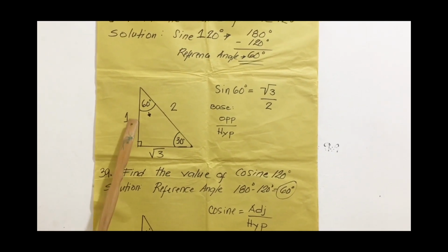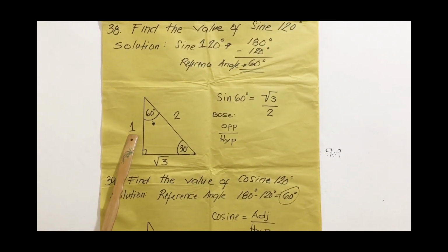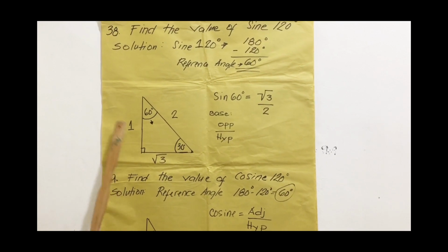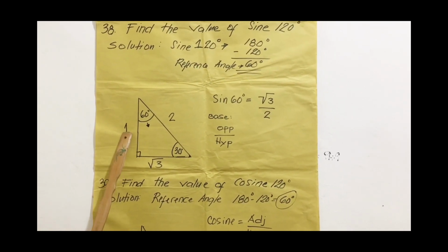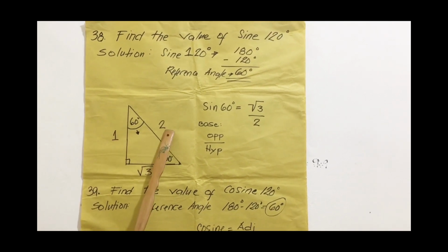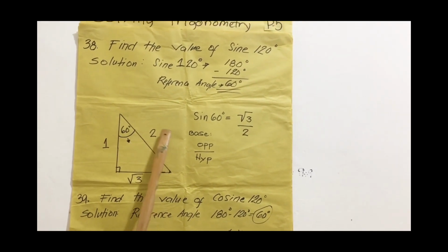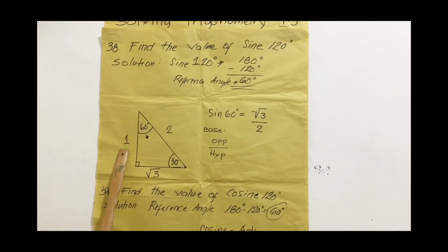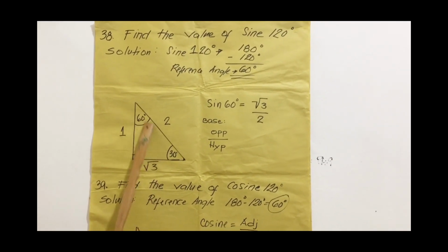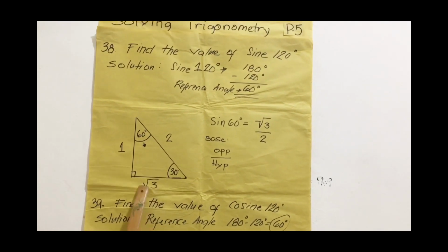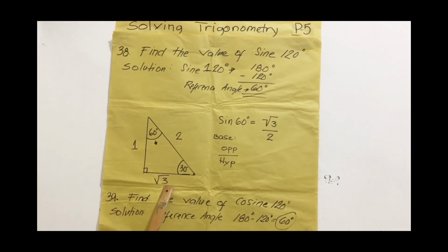Since this one is one leg of the triangle, we square this. 1 times 1 equals 1, and 2 times 2 equals 4, then 4 minus 1 equals 3, then take the square root. So the opposite of 60 degrees is equal to square root of 3.